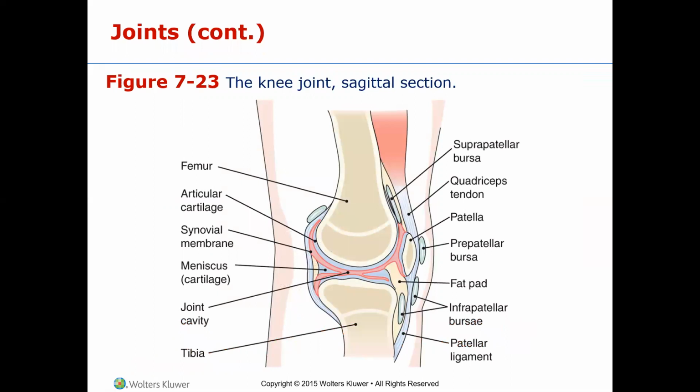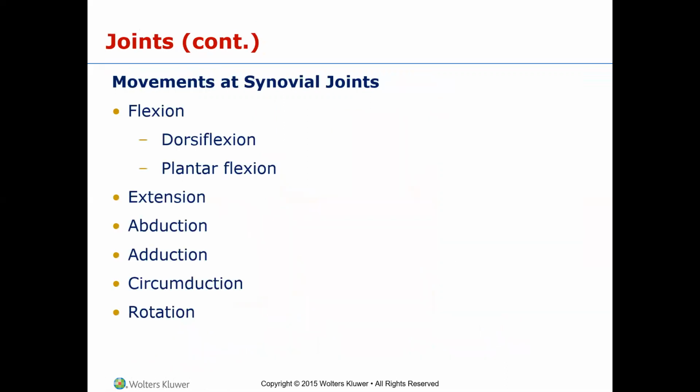So here are some of the articular surfaces and membranes that are housing the knee joint. When we look at these synovial joints, as I said, it allows us to move and have great mobility.